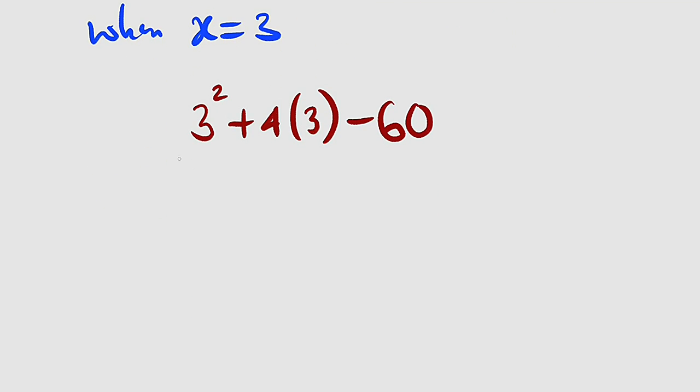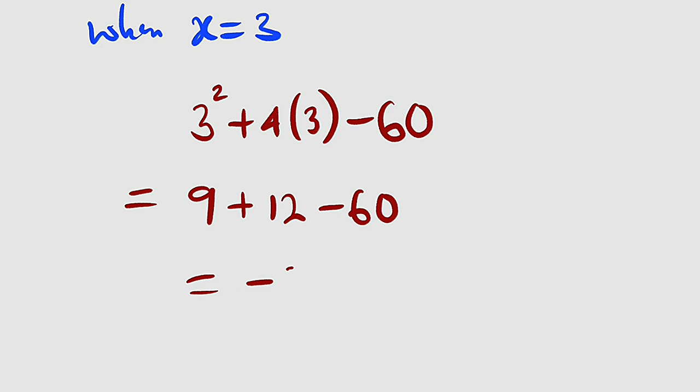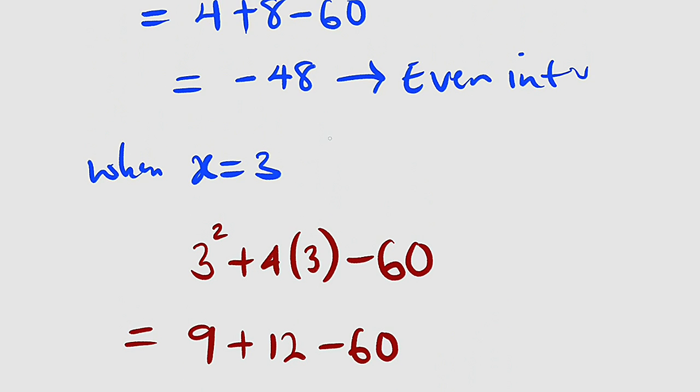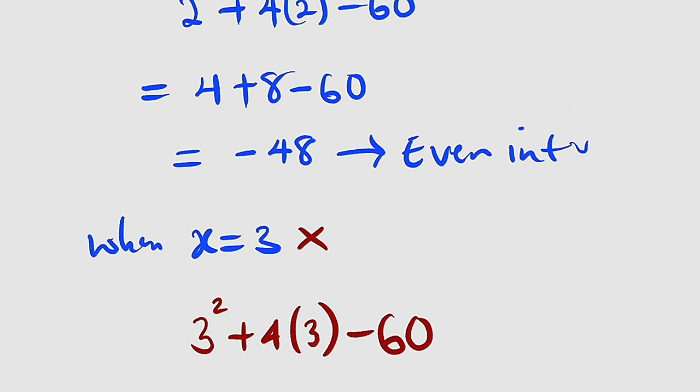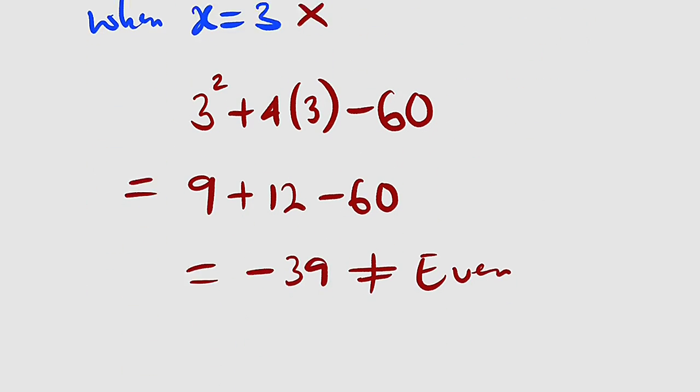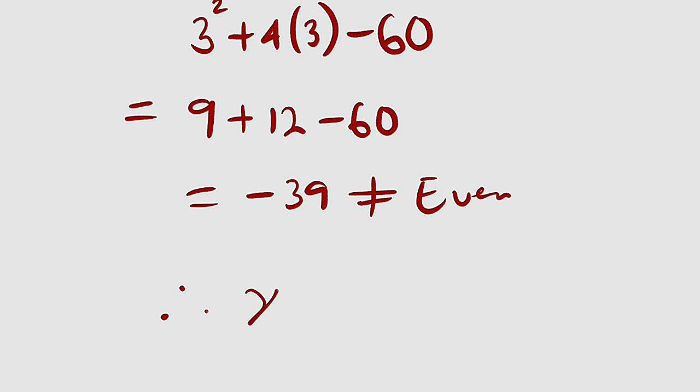Let's simplify this. 3 squared is 9, plus 4 times 3 is 12, minus 60. 9 plus 12 is 21, and 21 minus 60 is going to give us negative 39, which is not even, right? Therefore, we are going to discard x equal to 3. We don't want this solution. Rather, consider only x equal to 2. Therefore, x equal to 2 is a solution.